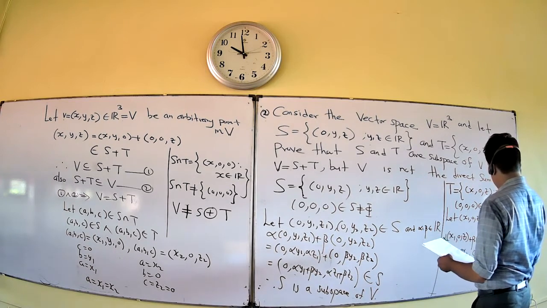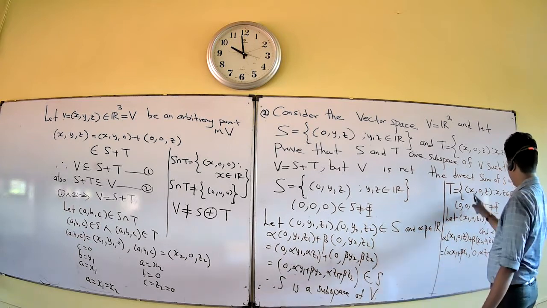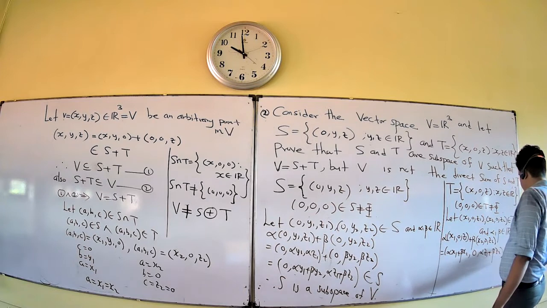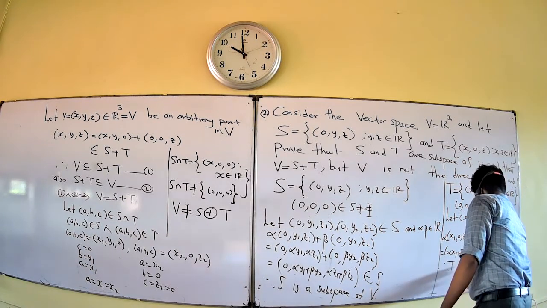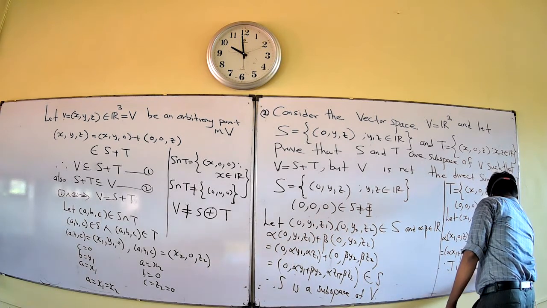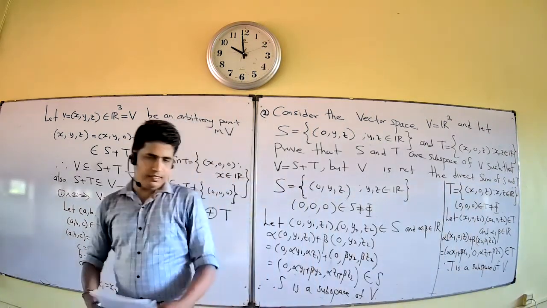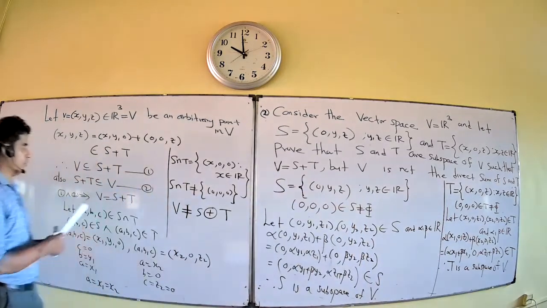This is an element of the form (x3, 0, z3), therefore it belongs to T. Therefore, T is a subspace of V. Okay, S is a subspace of V. Similarly, T is also a subspace of V.